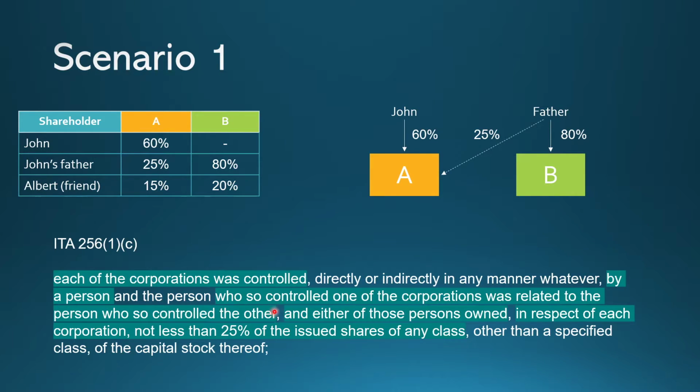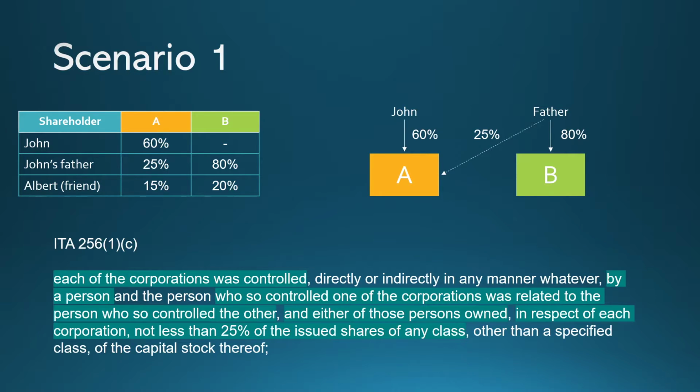That part so far is true. Each company, so Company A and Company B, are controlled by a person, and they are related to one another. And either of those persons owned, in respect of each corporation, not less than 25% of the issued shares. Well, that is true. John's father owns 25% of A and at least 25% of B. So these companies, A and B, are associated.